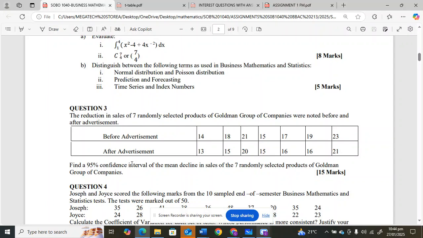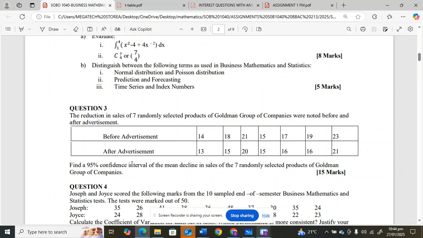For example, if we find the range is between 4 kwacha and 2 kwacha drop in sales, then it means when you conduct this test 100 times, 95 times, the range in our drop is going to be between 4 kwacha and 2 kwacha.